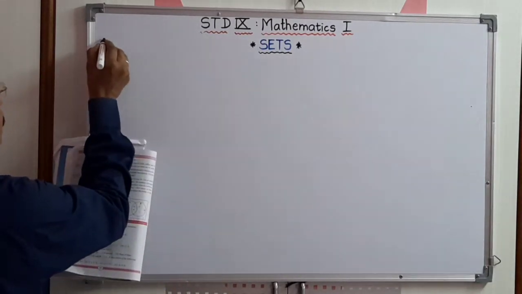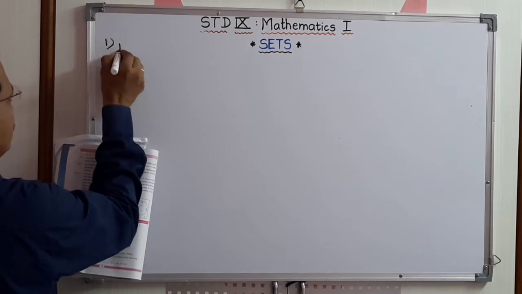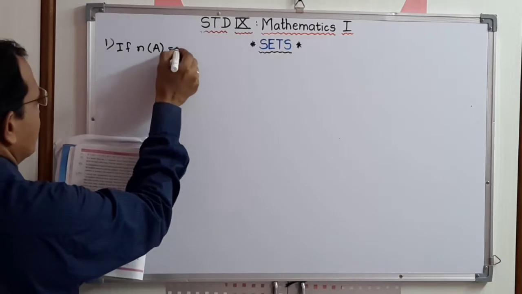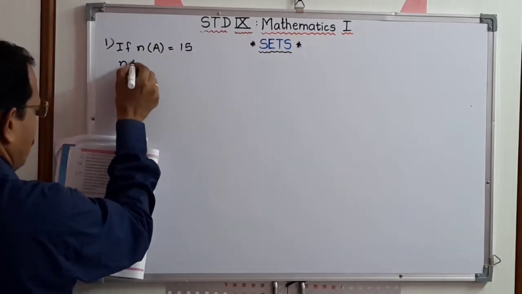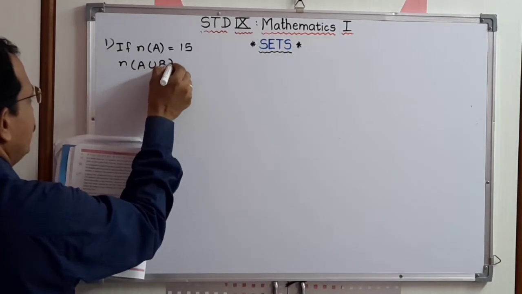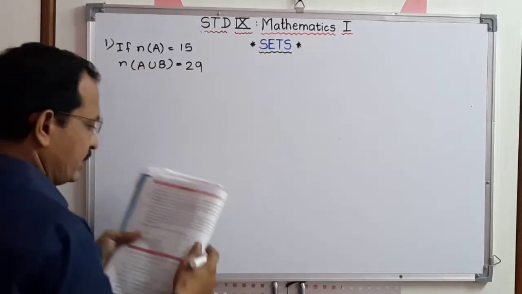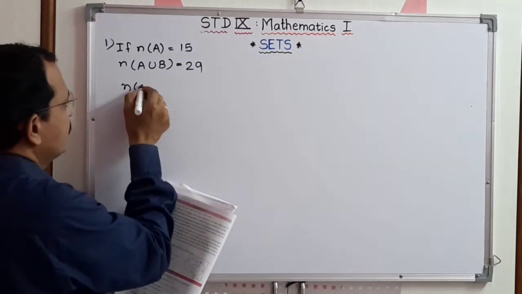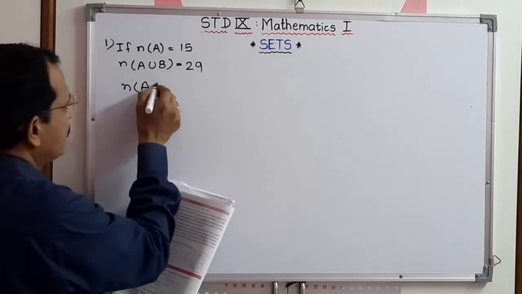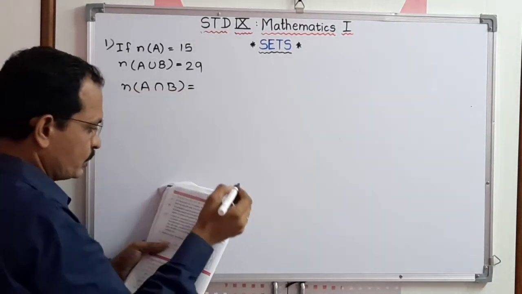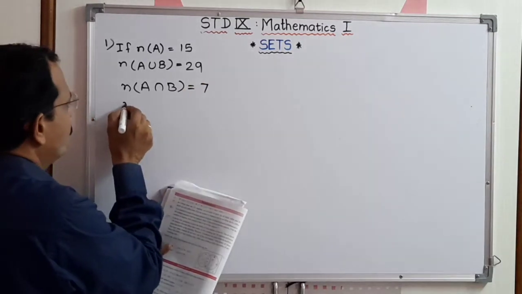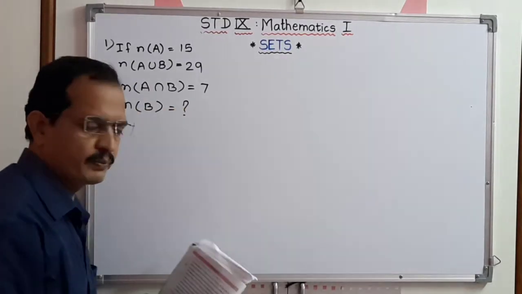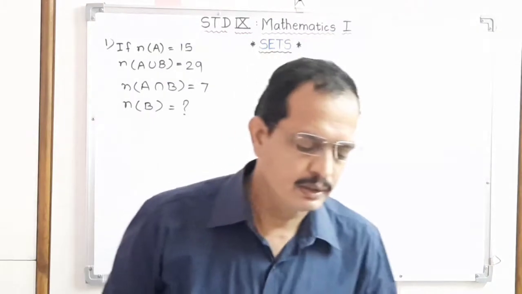If the number of elements in set A is equal to 15, the number of elements in set A union B is equal to 29, the number of elements in set A intersection B is equal to 7, then we have to find the number of elements in set B. See, a very easy sum.